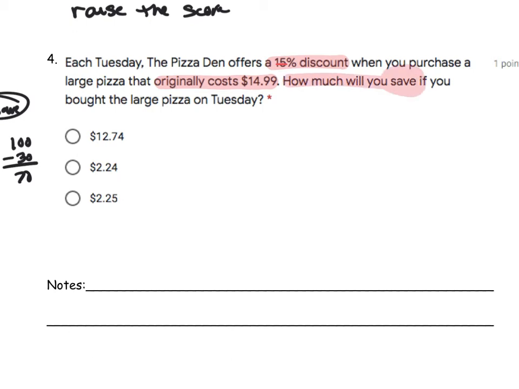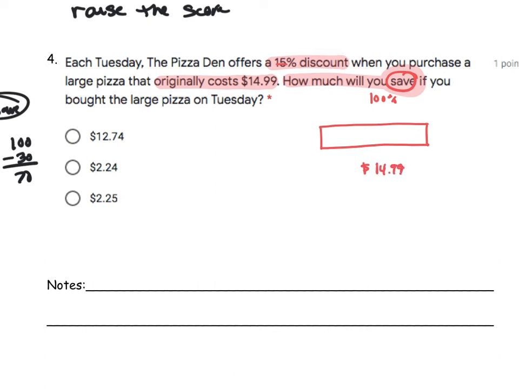Okay, so we are trying to find the discount amount now. Not how much we're going to pay, but how much we're going to save. So, again, our visualization of our tape diagram might help. This is 100% right now. This amount is $14.99.